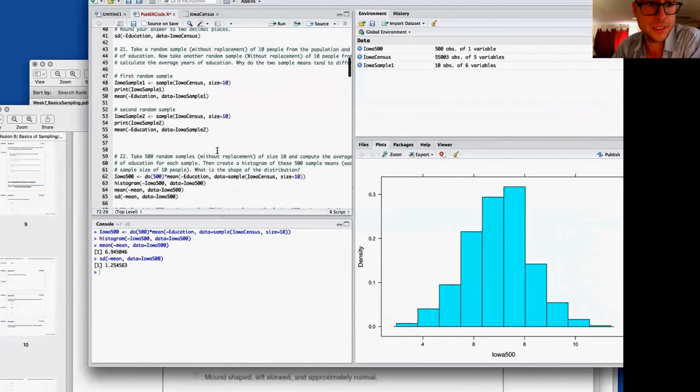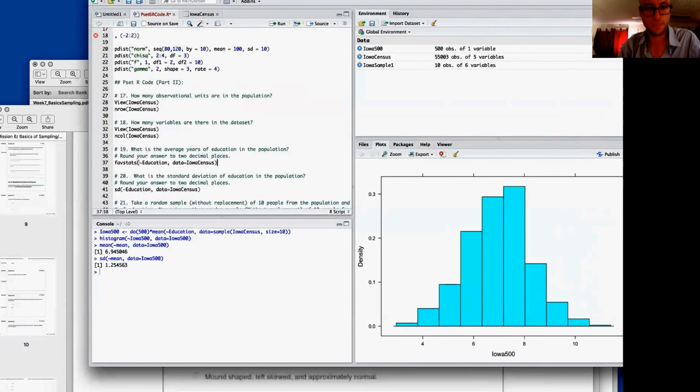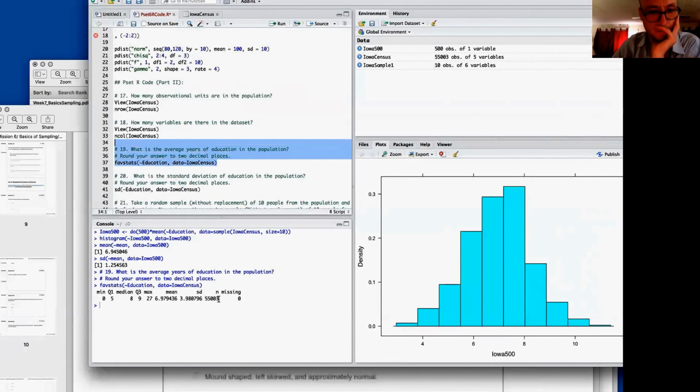Now, in the population, just keep in mind, we're going to take a look at the population again. Actually, we could do 5 more. I think we can do favstats. I want to use the favstats function. I'm just changing this up a little bit. You don't need to do that. If you look at this, you can actually see the max is 27.